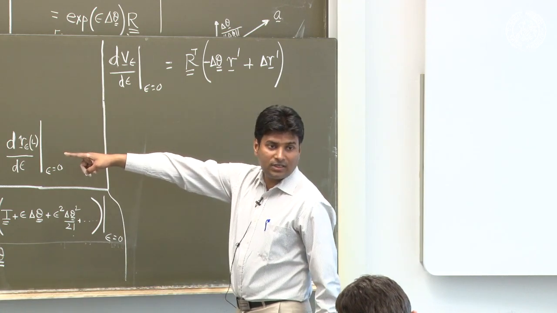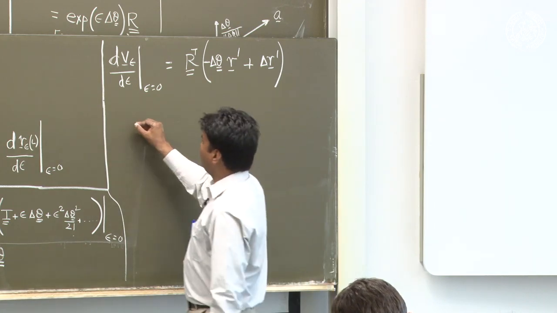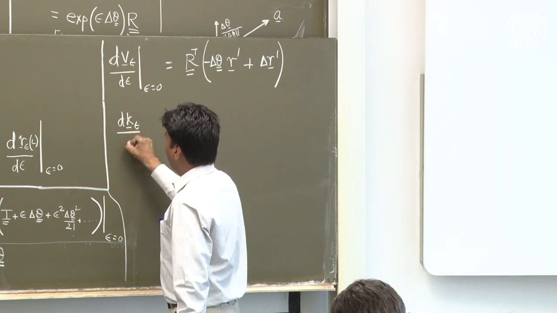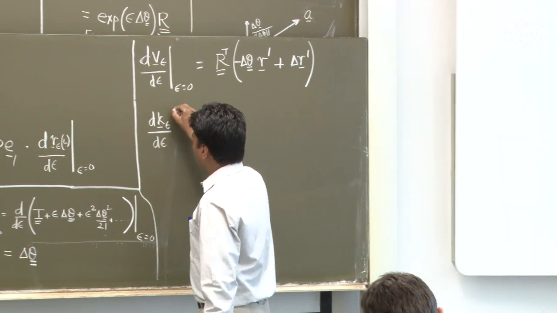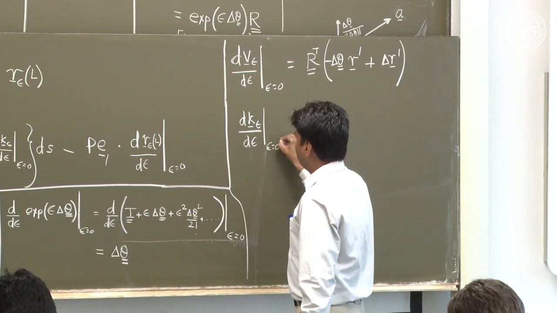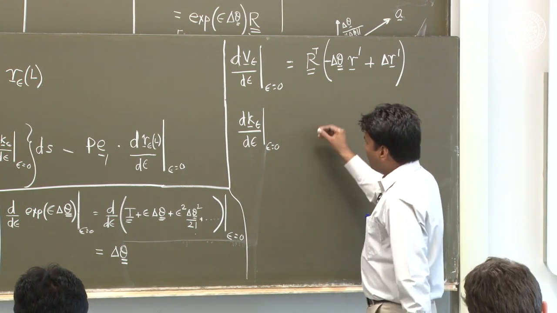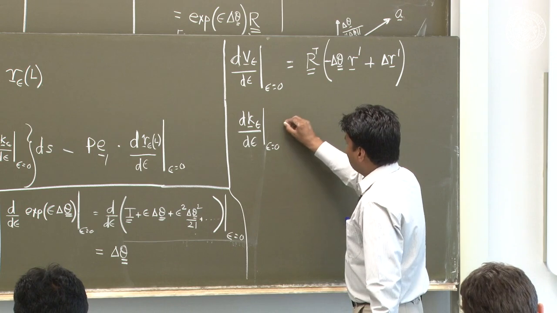Then we have to get dk epsilon by d epsilon. That's again tricky. dk epsilon by d epsilon at epsilon equal to 0. So maybe we first work out, so we want to get this.